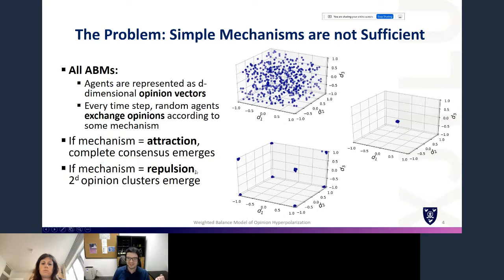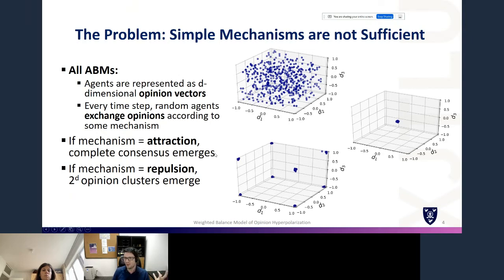But what happens is sadly not hyperpolarization. What happens is this state that we can observe here. In a three-dimensional opinion space, we end up with 8 different clusters of extremists. They are all extreme in their opinions, but they all have a different combination of extreme opinions.